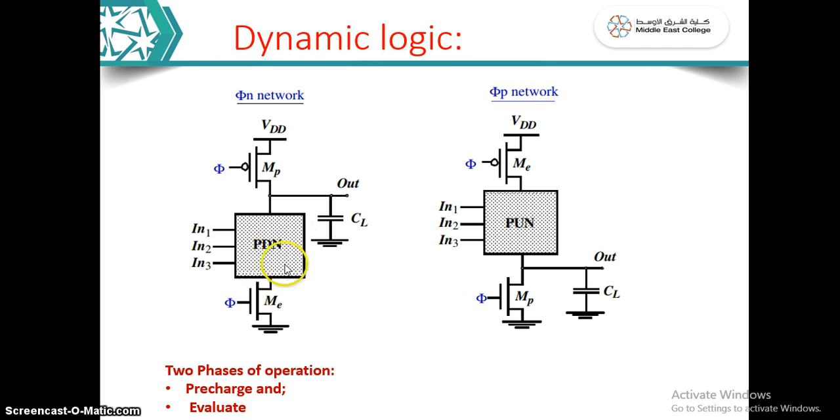But when we go for dynamic logic, we need to use either the pull up network alone or the pull down network alone, with two additional transistors. So that's what dynamic logic we are implementing.